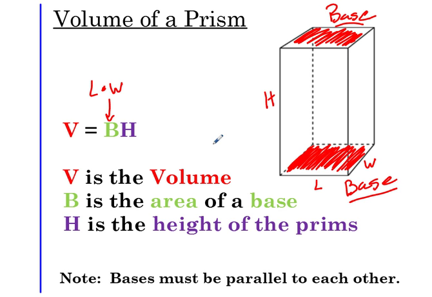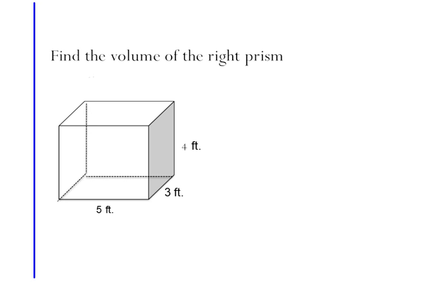So let's apply this formula and find some volumes. Here's a rectangular prism. It has a base, which is rectangular. This base has a length of 5 and a width of 3, and the prism itself has a height of 4.